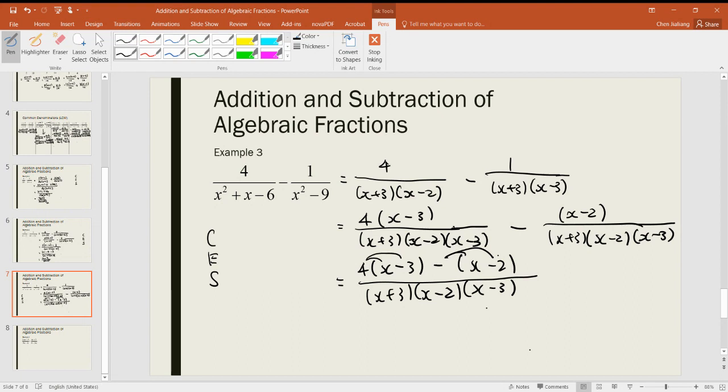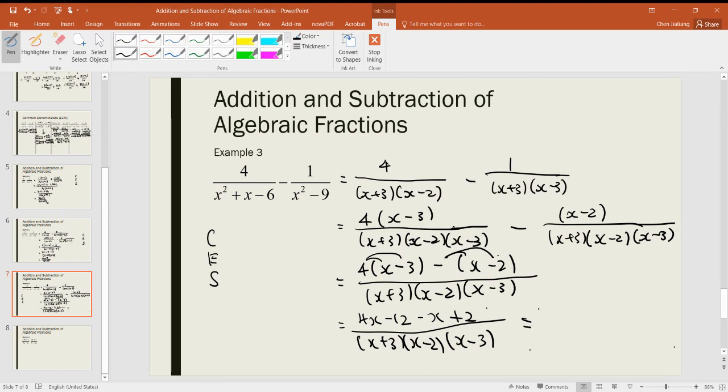Take note of the multiplication signs. So 4 times x, you get 4x. 4 times negative 3, minus 12. Negative 1 times x, negative x; negative 1 times negative 2, positive 2. The whole thing over x plus 3, x minus 2, and x minus 3.